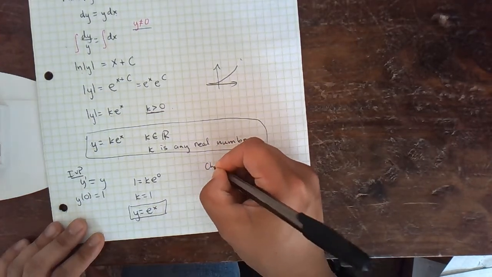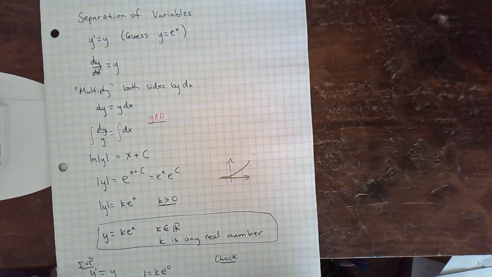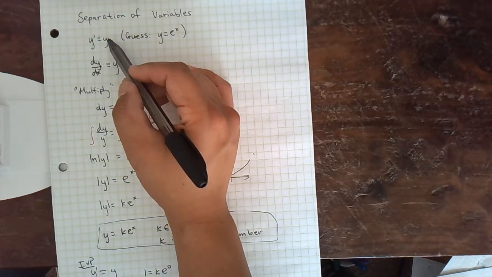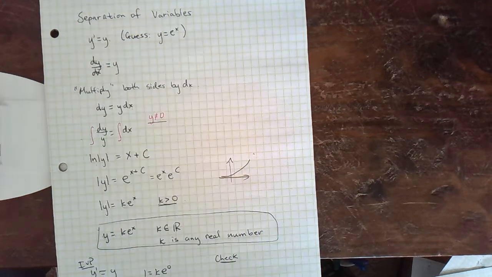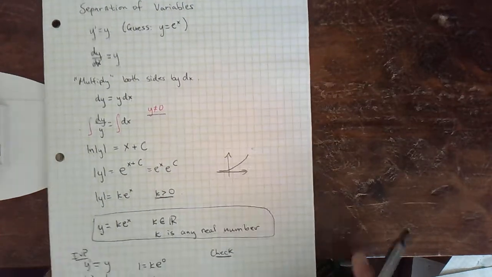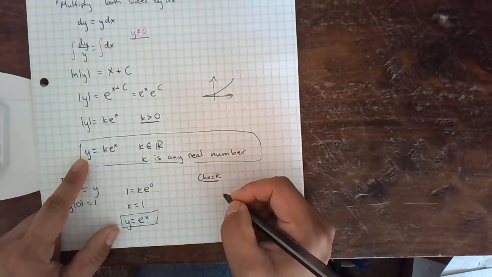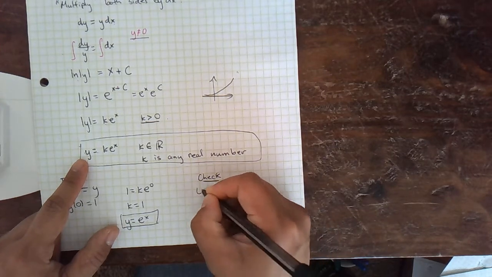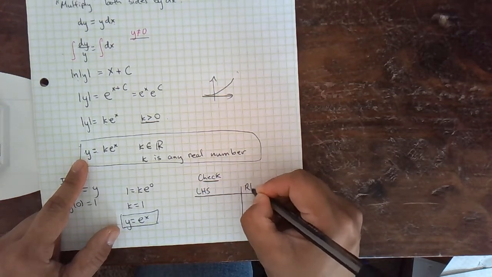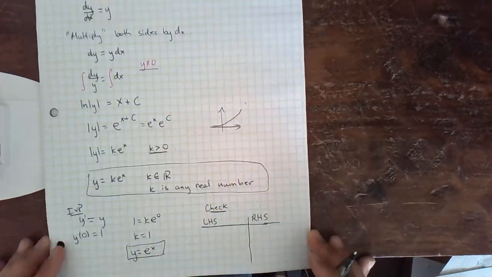Another thing you can do is you can check your solution. So what are we looking for? The initial problem says, find me a function y in terms of x that satisfies this equation. And we actually found infinitely many, because k can be any real number. And we can check that they all work. This is the way I like to check things. We don't assume things are equal until we've checked them.